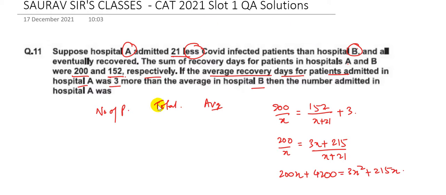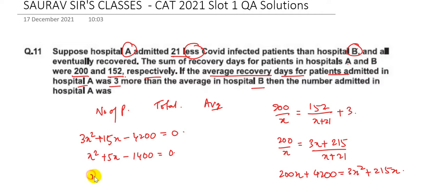So we get a quadratic in x, and we bring everything to one side: 3x square plus 15x minus 4200 equal to 0. Divide by 3, x square plus 5x minus 1400 equal to 0.